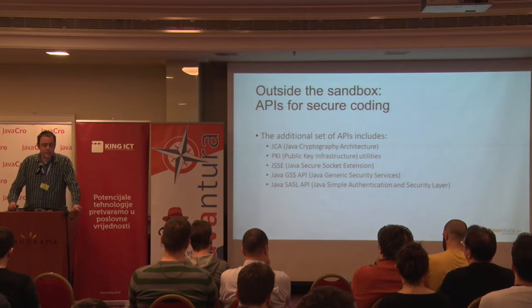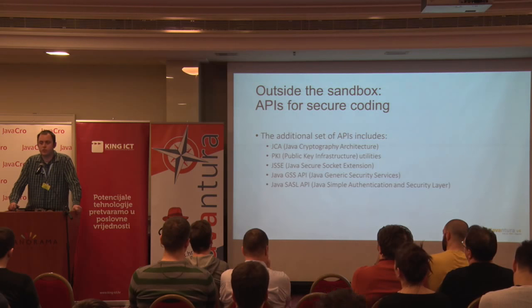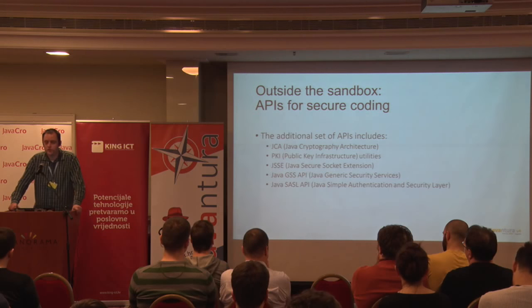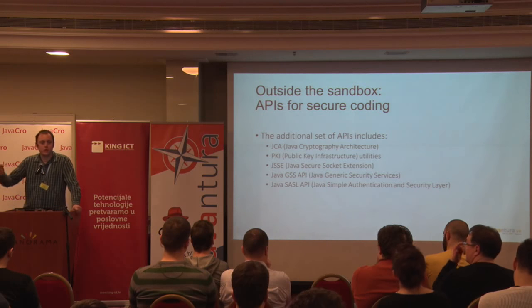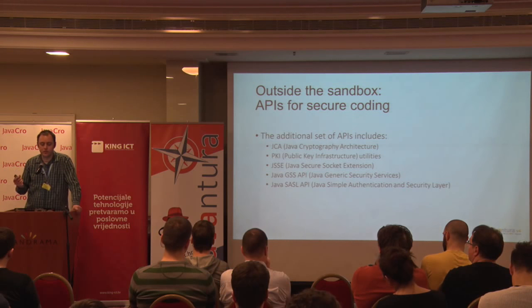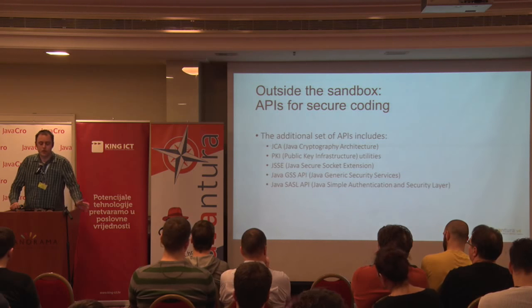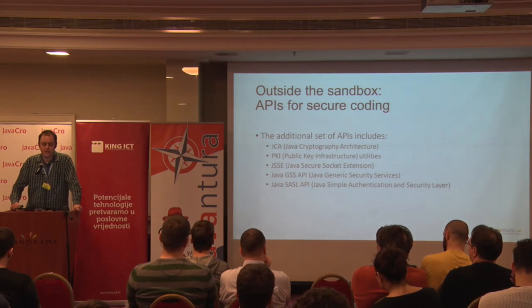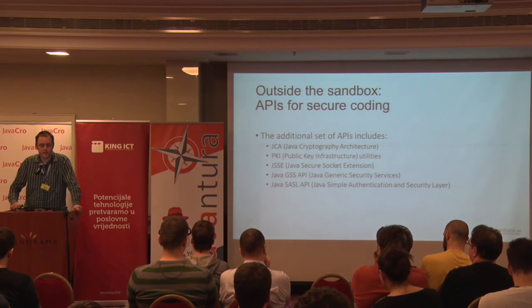And this includes, for example, the Java Cryptography Architecture, which provides you with utilities to encrypt or decrypt certain pieces of information. You have the PKI infrastructure utilities, which allow you to communicate with the certificate authority or to create your own certificate authority. You have the Java Secure Socket Extension, which is the SSL version of standard Java sockets.